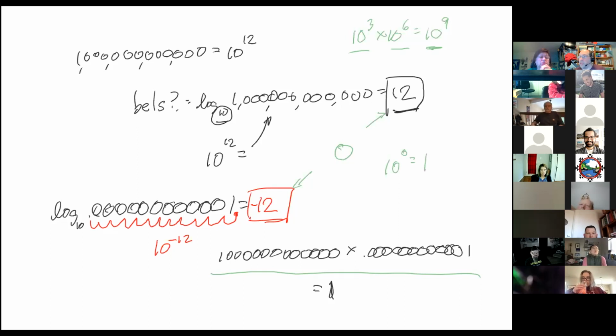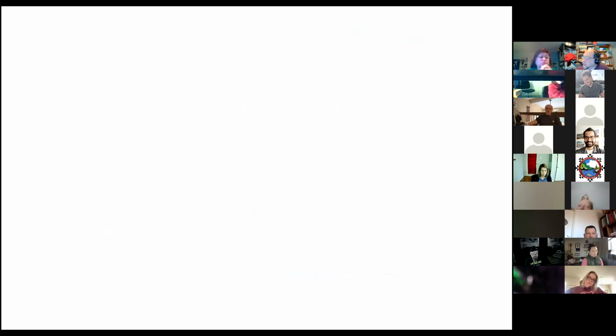So this is a really convenient shorthand way of dealing with really, really big and really, really small numbers. Where this really comes into play is when we start dealing with things like 0.00000000006, for instance. Things that don't end with a 1.